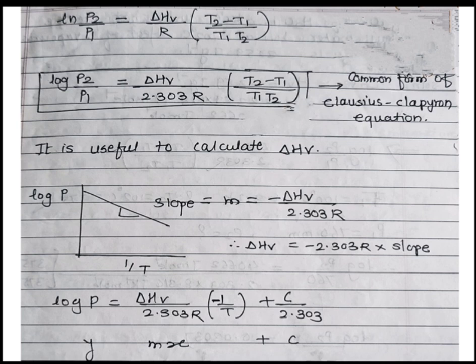And when we plot the graph of this equation, it comes as log of P versus 1 upon T. So log of P is on the y-axis, 1 upon T is on the x-axis.